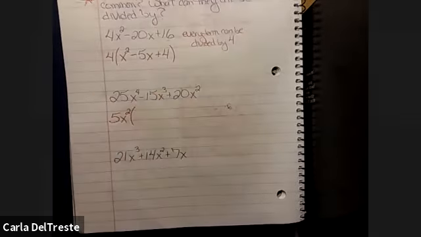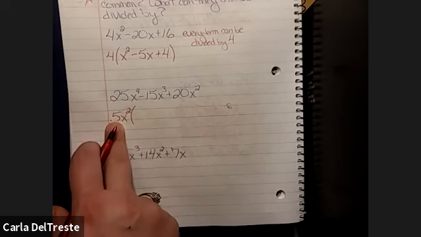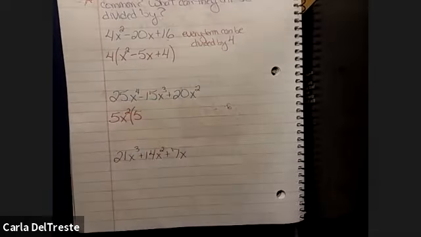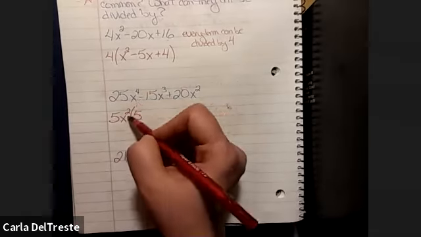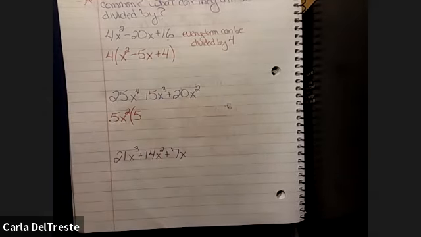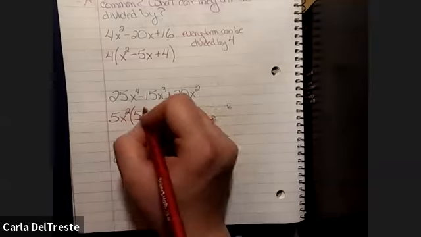Once I identify what they can all afford to be divided by, I'm going to write what's left within the parentheses. So if I divide by 5x squared, 25 divided by 5 is 5. And what do I do when I divide like bases? I subtract those exponents. So x to the 4th divided by x squared leaves x squared.